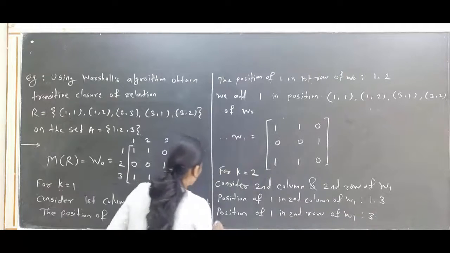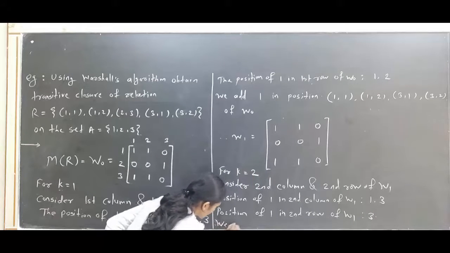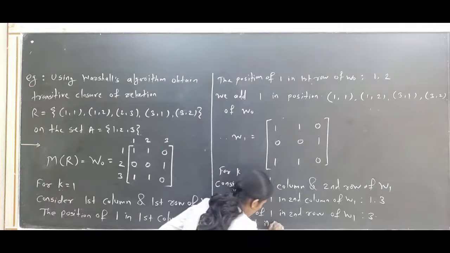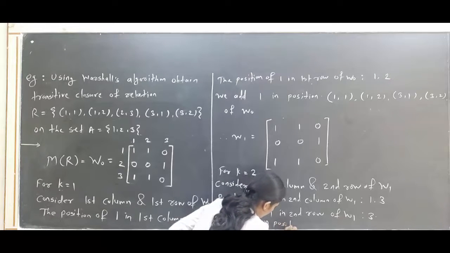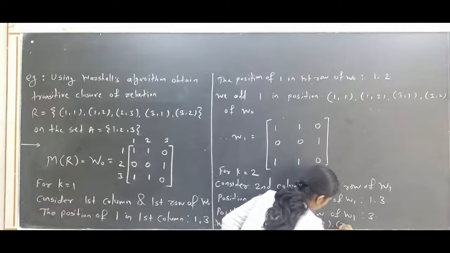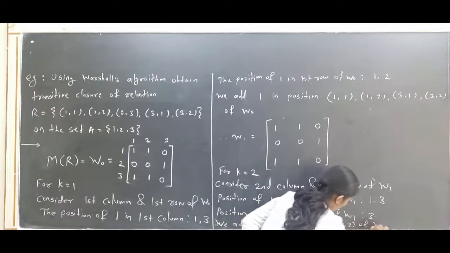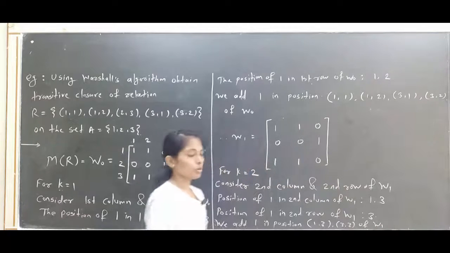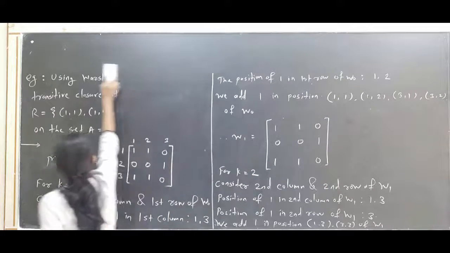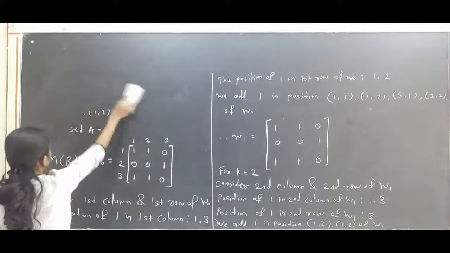Okay, so we add 1 in positions 1 3 and 3 3 of W1. So we add 1 3 and 3 3 of W1, and then we get W2.